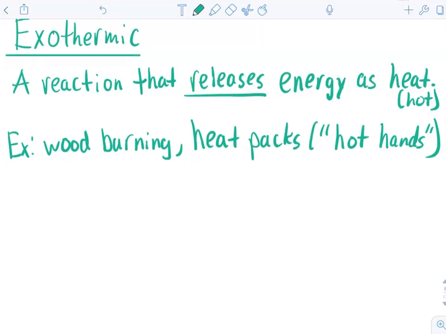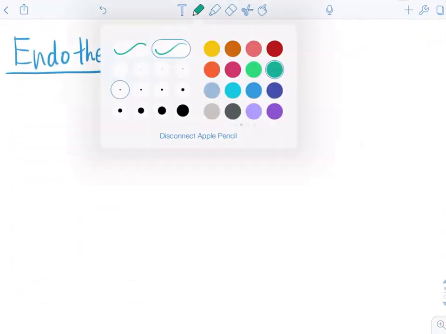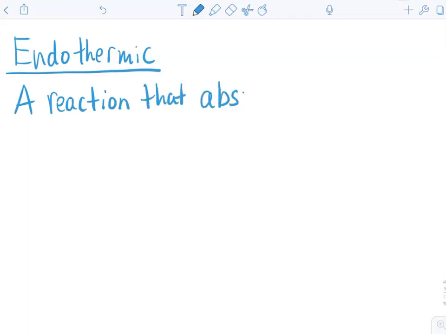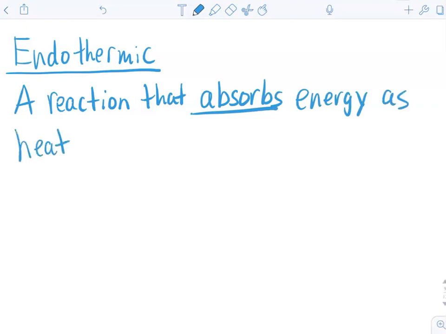And then we have endothermic. So endothermic is a reaction that absorbs energy as heat, meaning that it is going to be cold. And so an example of this is going to be an instant cold compress.